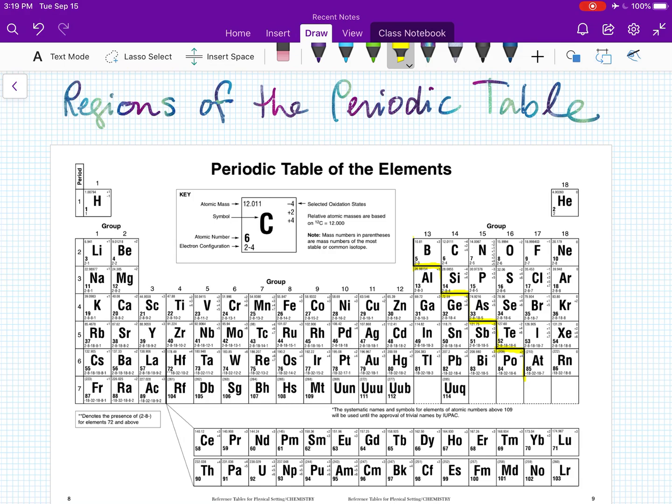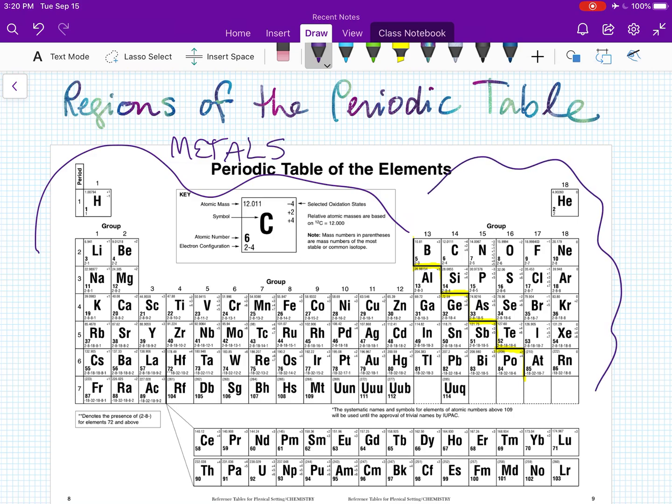That thick diagonal staircase separates the two major categories on the periodic table, which are, on the left side, the metals. So everything to the left of that diagonal staircase is a metal. And on the right side of that diagonal staircase, we have the nonmetals. So those two categories are extremely important in just separating the elements.